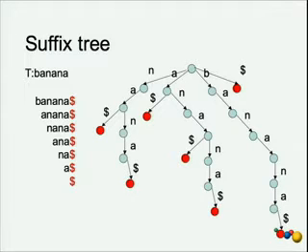As you can see here, this subpath is used by 2 suffixes, but overall this tree can cost O(n squared) space.